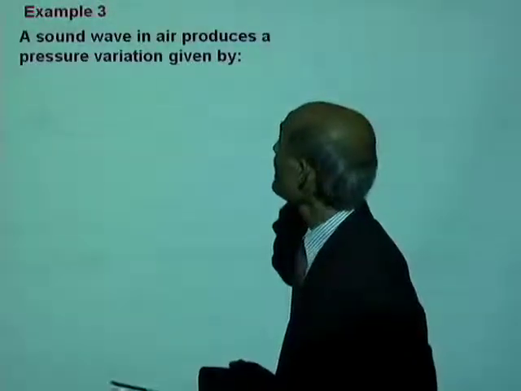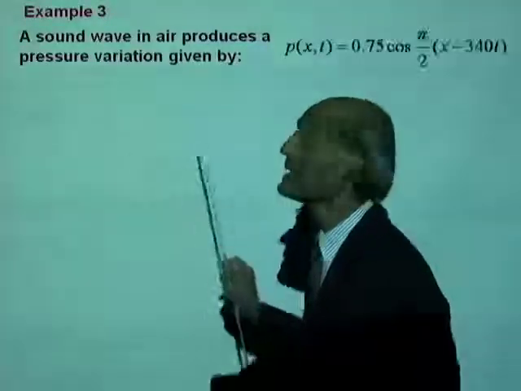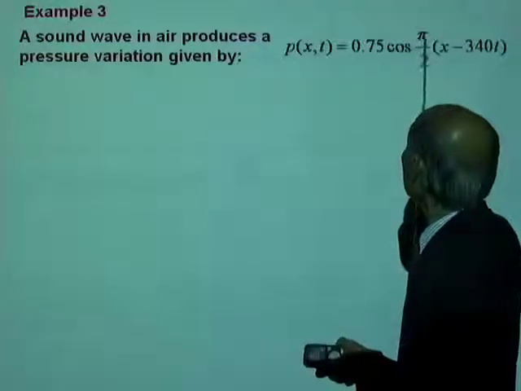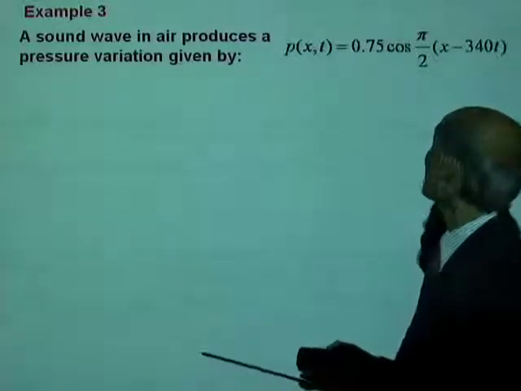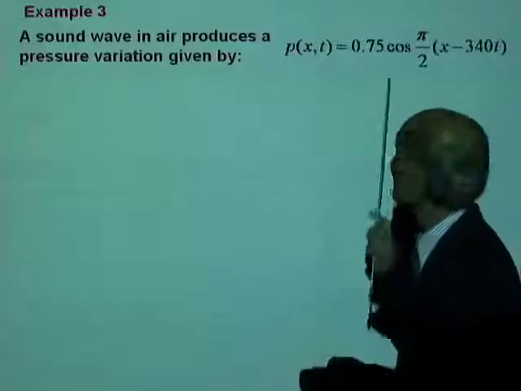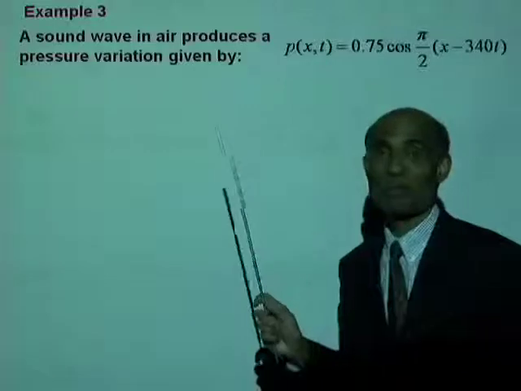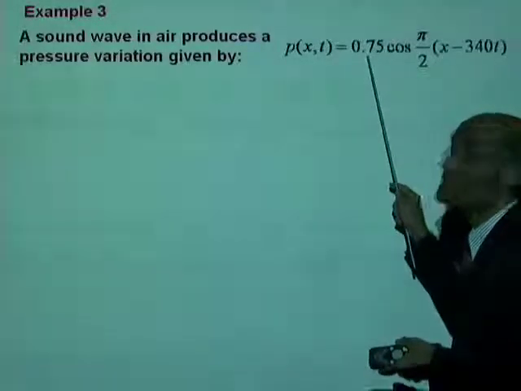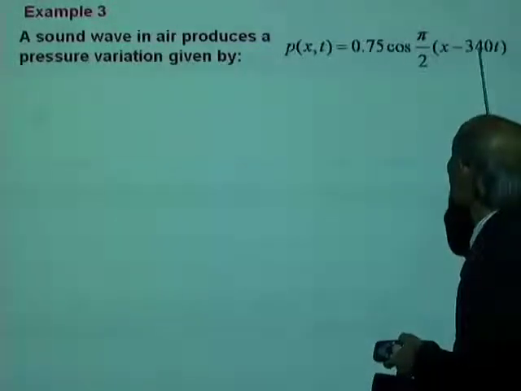Okay, let's do an example. A sound wave in air produces a pressure variation given by P(x,t) equal to 0.75 cos(pi by 2 times (x minus 340 t)). Now, can you tell me what form this equation is? Well, this is of the form P(x,t) equal to P0 cos k times (x minus vt).